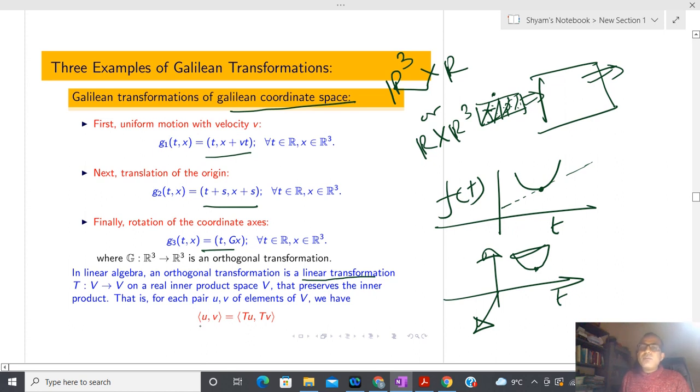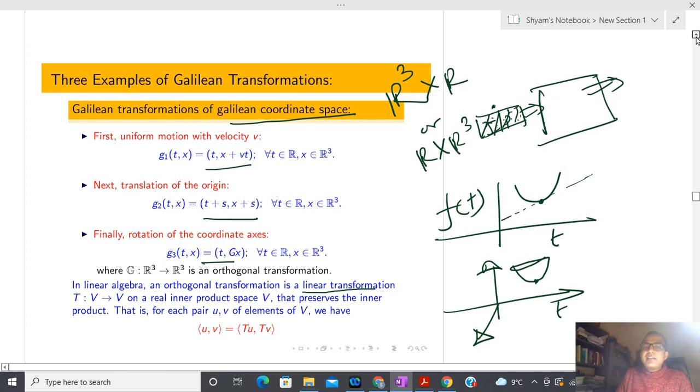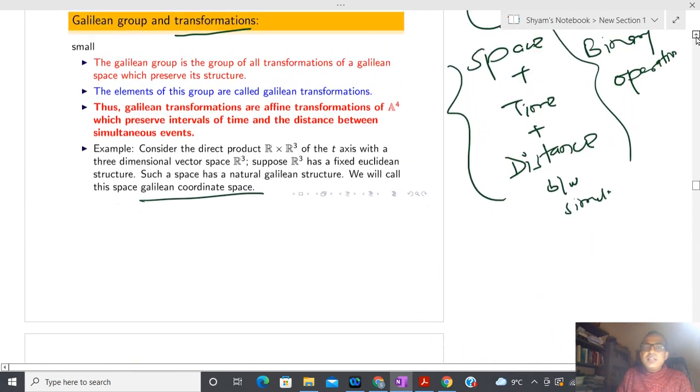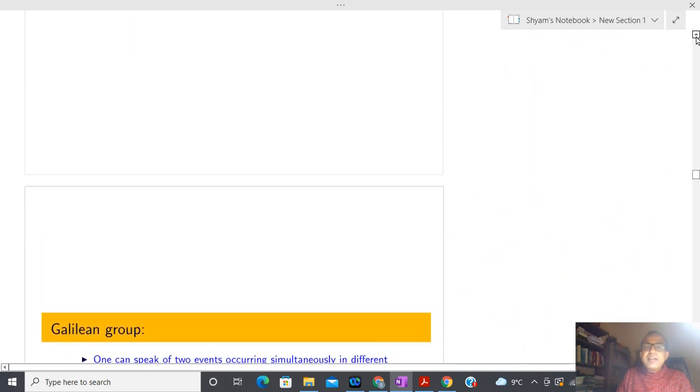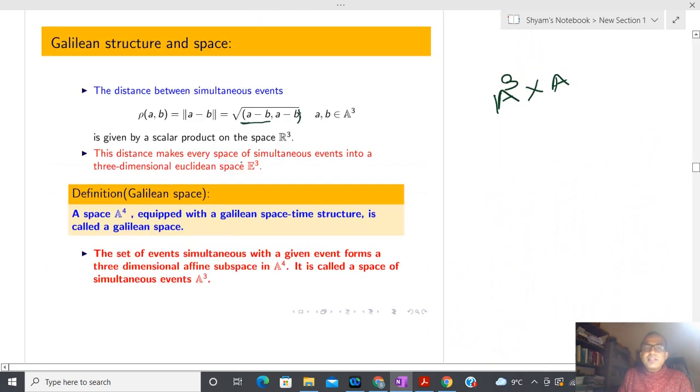Most of the time the inner product represents distance. Here I have represented the distance between two simultaneous events using the inner product. So the inner product is some kind of generalization of distance.